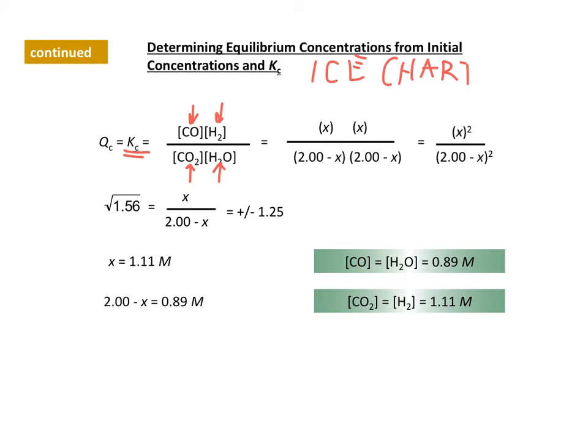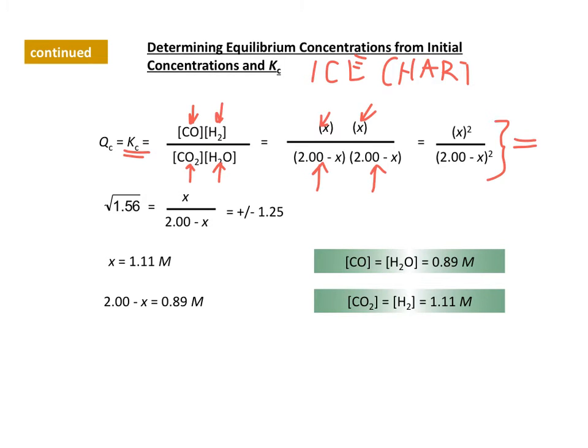The values at equilibrium are x for CO2 and x for H2. The reactants are 0.200 minus x, each of them. If you put that together, you come out with this algebraic expression, x squared over 0.200 minus x squared.